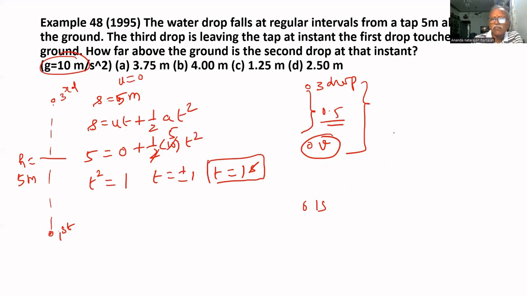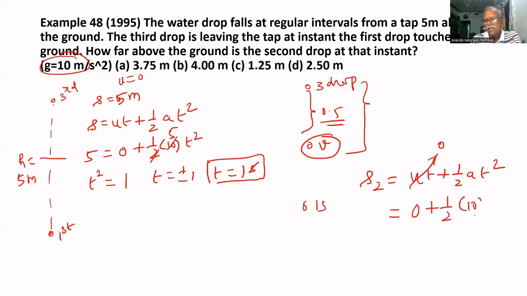So u equals 0. S2 for the second drop equals ut plus half a t square, with t equal to 0.5. Substituting, the initial velocity is 0, so S2 equals 0 plus half times 10 times 0.5 square.